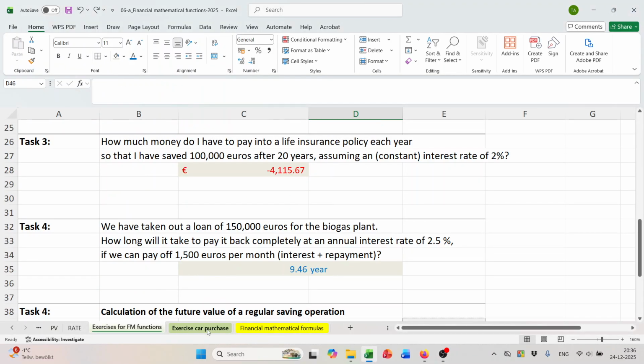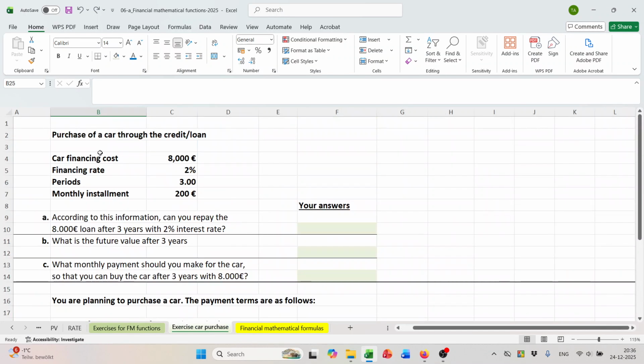Okay, let's go to the next task. Purchase of a car through the credit loan. Car financing cost 8,000 euro. Financing rate 2%. Period 3. I don't know what 3 is, I think it is 3 years. Monthly installment 200 euro.